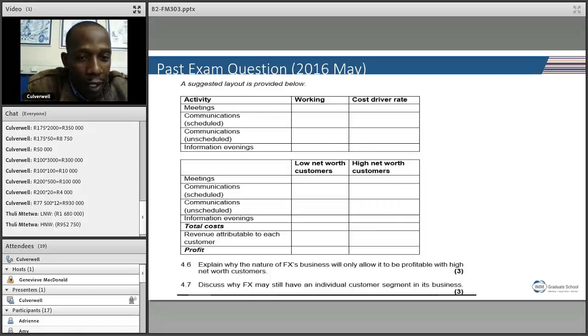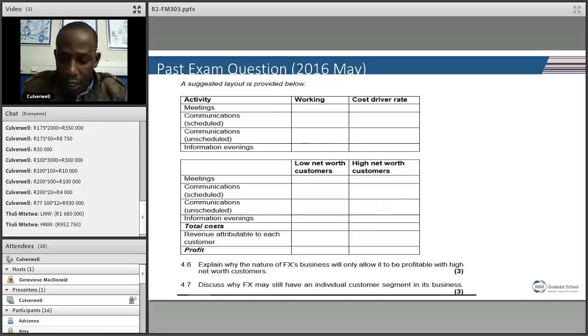Tulish is right. If you calculate the one for low net worth customers, it's going to give you 1,680,000, and then we also need to do the one for high net worth customers, which is 952,750. That is right. So what then you do, you are having these two figures now.